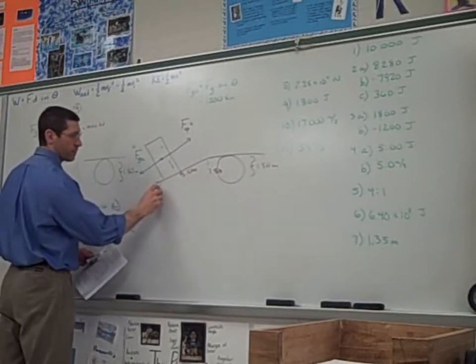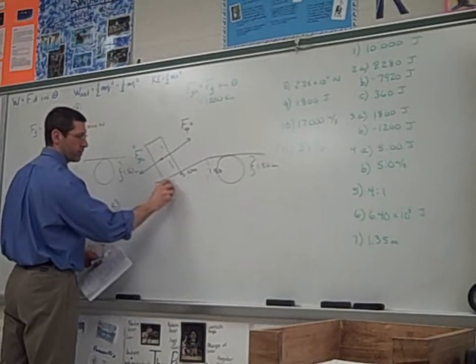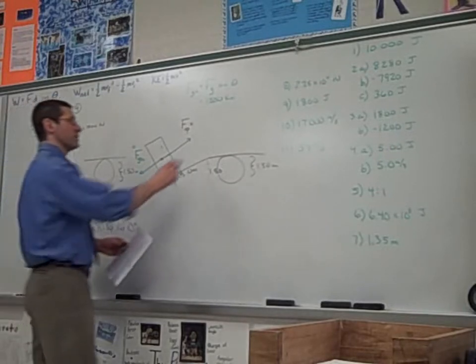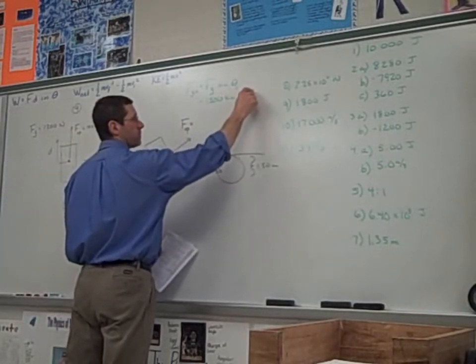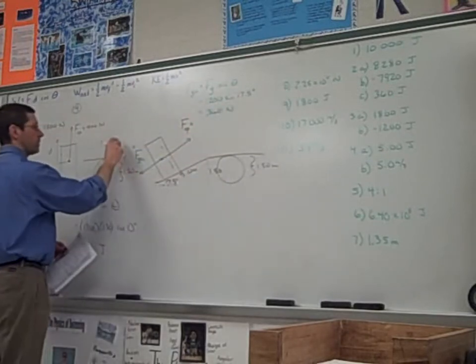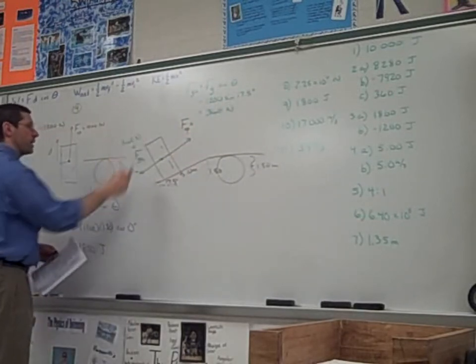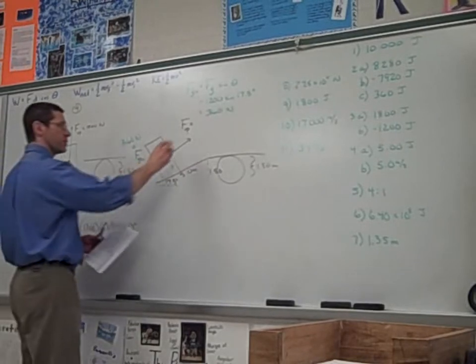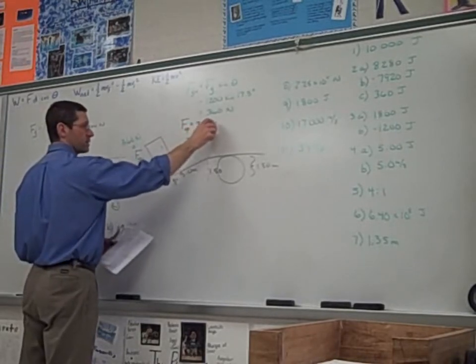So that means that our ramp is making an angle of 17.5 degrees with the horizontal ground. So this is then 17.5, making Fgx 360 newtons. So now we know that gravity is pulling down the incline with 360 newtons of force. That means we need to push up with 360 newtons of force.